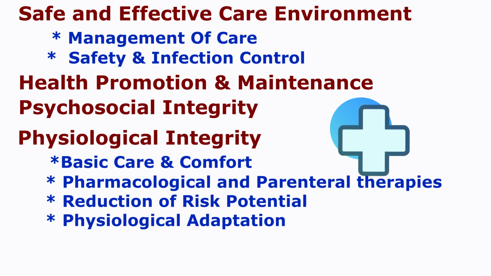Now, as I mentioned in the beginning, the NCLEX tests two different types of things. It tests your actions, your client needs, and it tests the content, what you learned in school. So let's keep all of this in mind as we go over the RN NCLEX test plan.